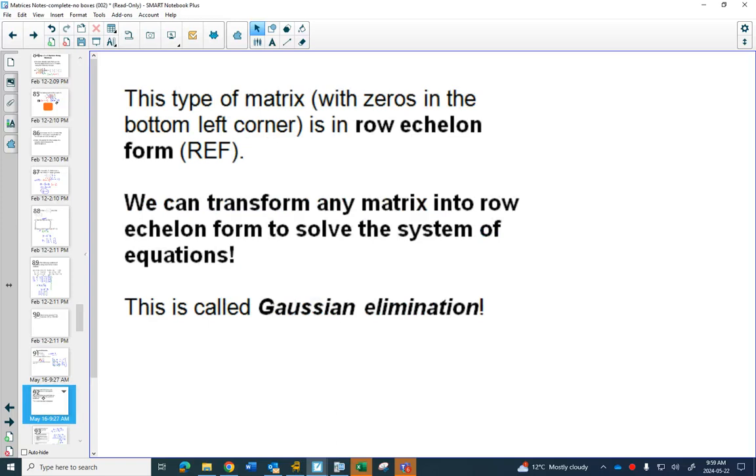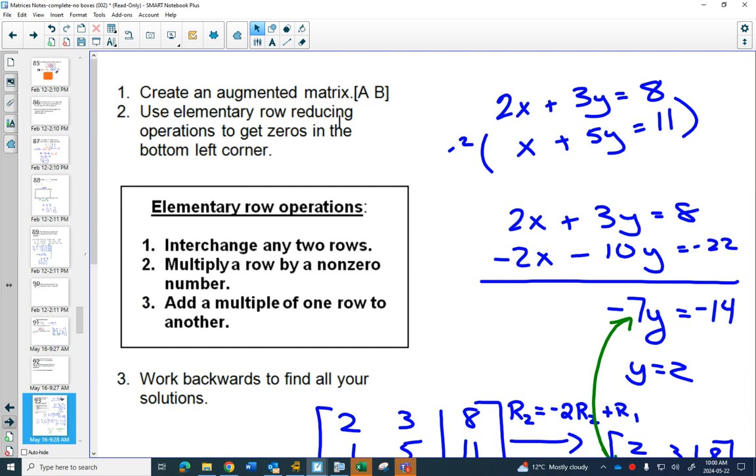Gaussian elimination says there are methods like the elimination technique that you can use to get your augmented matrix into this row, or sorry, just row echelon form. Okay. So, you start by creating your augmented matrix. If you can't, there would be a straight line in there. You can add that. You have your coefficients matrix and your answer matrix put together with a line in between.